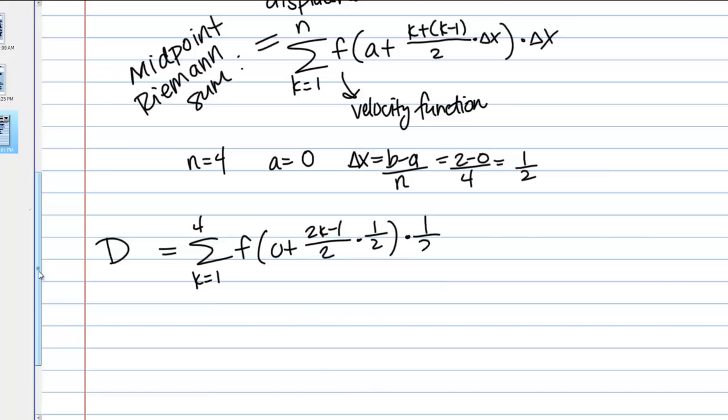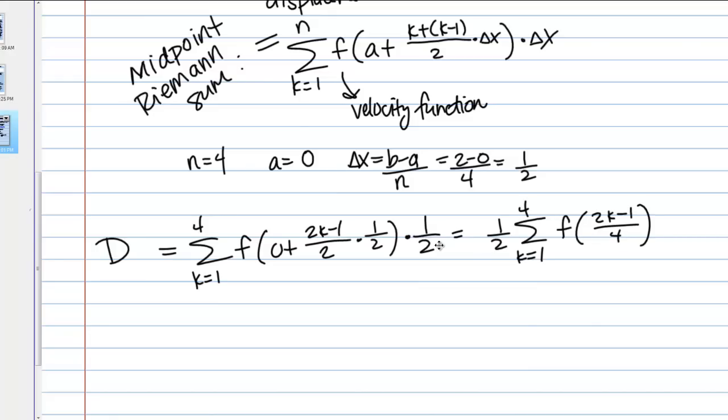And then times this other 1/2. Now this 1/2 I can bring out front because it's a constant multiple. So if I do that, I get 1/2 times the sum of f of 2k minus 1 over 4.